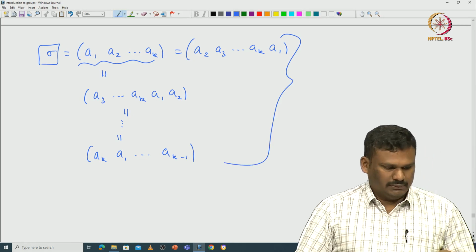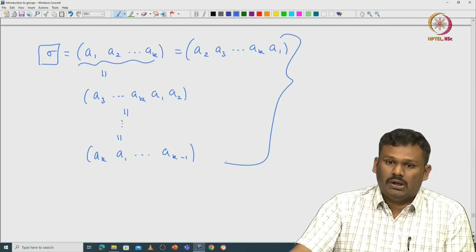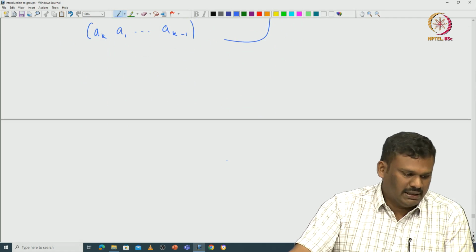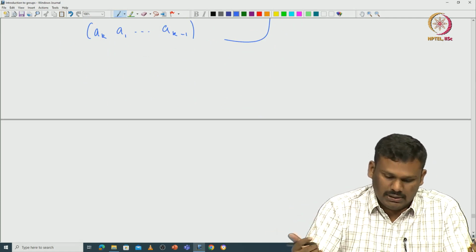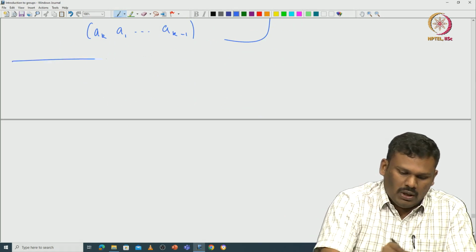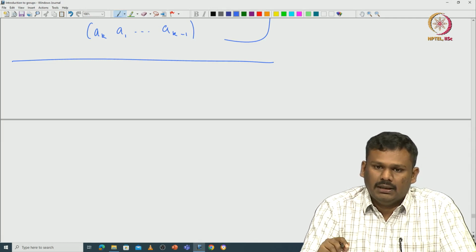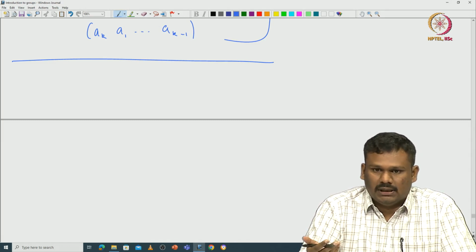Now we want to talk about the cyclic decomposition of a given permutation. For that, we first need to understand when two permutations are called disjoint. What is the meaning of disjoint? You look at the permutation: it fixes certain points, and those points are not important.